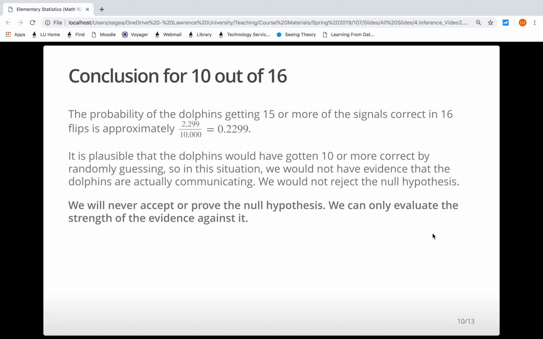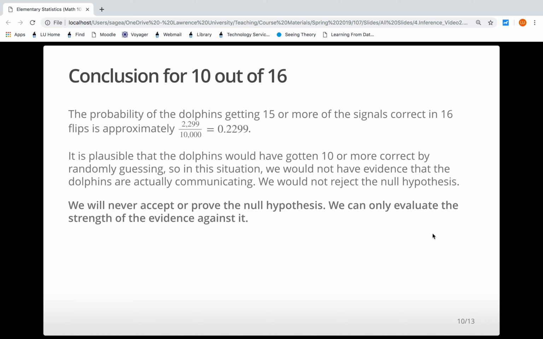It's important to note the difference between saying that we don't reject the null hypothesis compared to saying that we accept the null hypothesis or that we somehow have proven the null hypothesis, which are things that you should never say after doing a statistical investigation. We'll never accept or prove the null hypothesis.